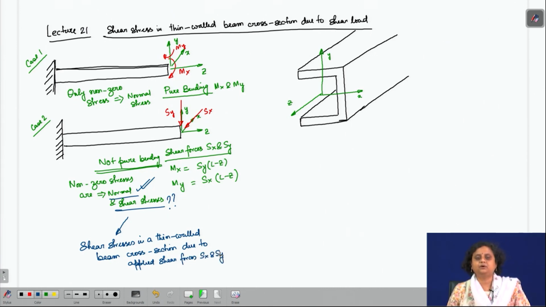So, this is the problem statement that we are going to do in this particular week.